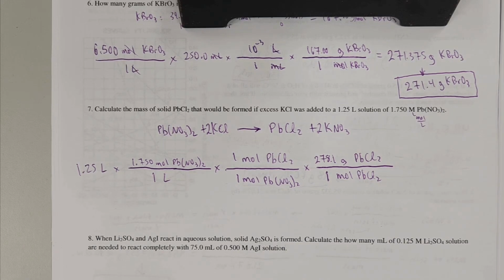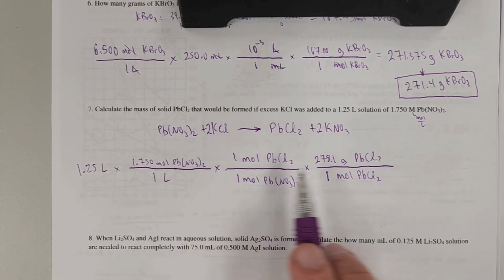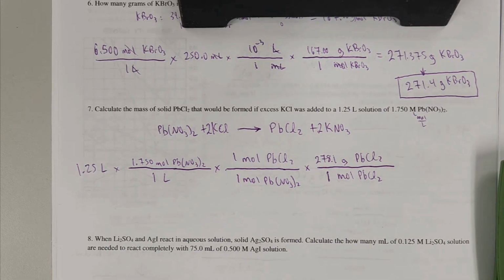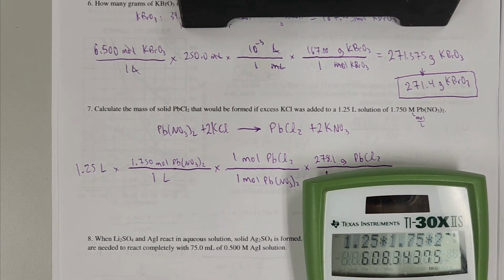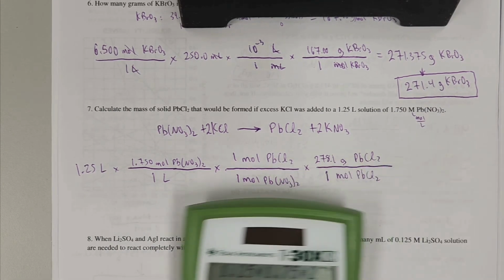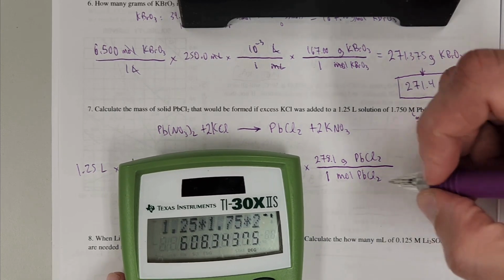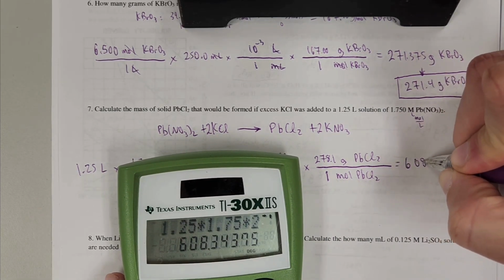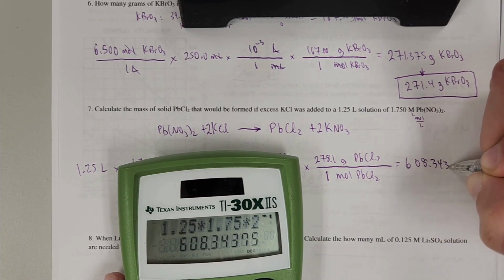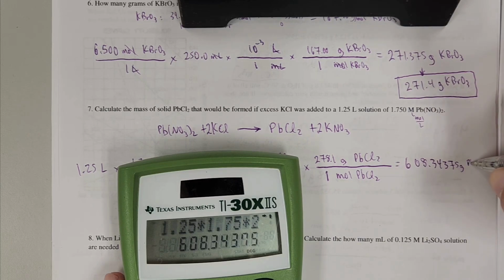All right, well, given that number, it is now time to do the rest of the calculation. So this times this times this. And the answer is that number. That is the mass that would be formed. 608.34375 grams of lead 2 chloride.